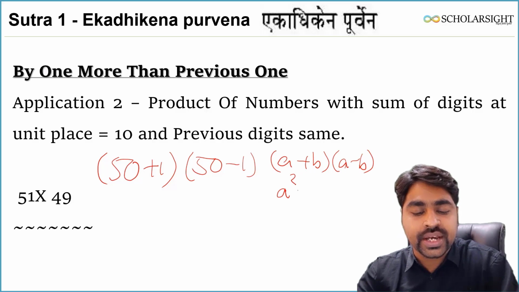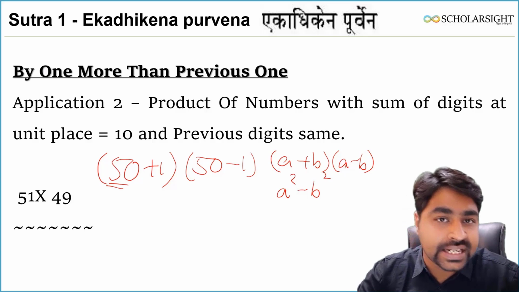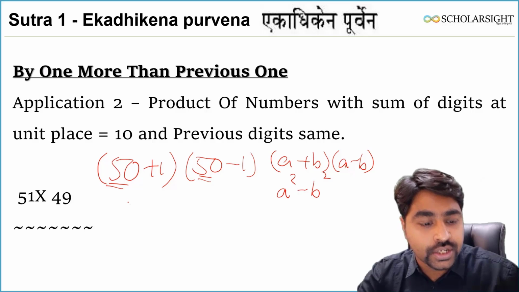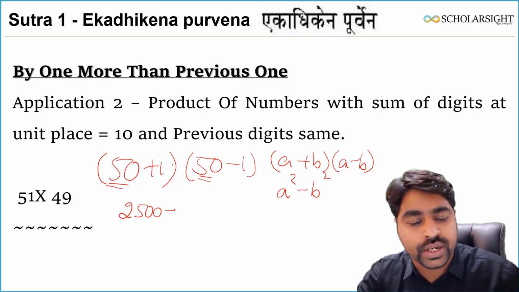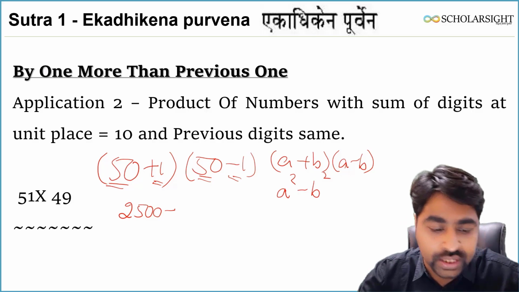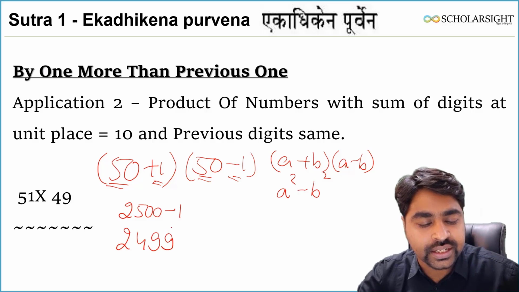It is a square minus b square, right? So here if you apply that, 50 into 50 is going to be a square, that would be 2500, minus b square, where the value of b is 1, minus 1. So the answer would be 2499.